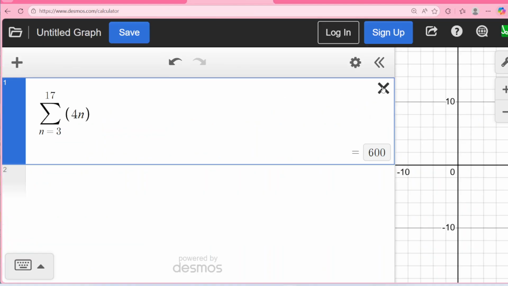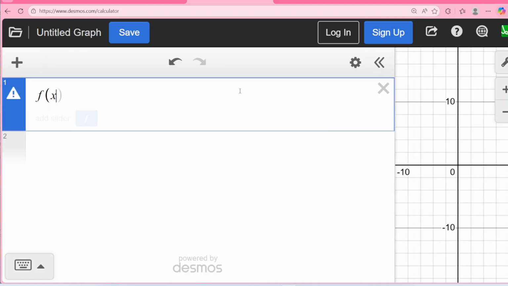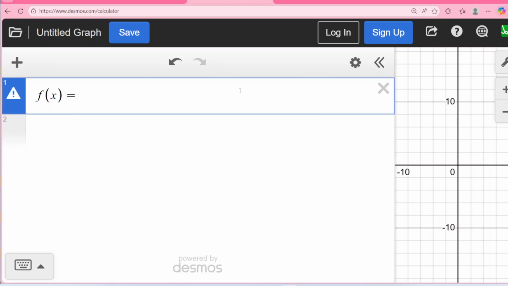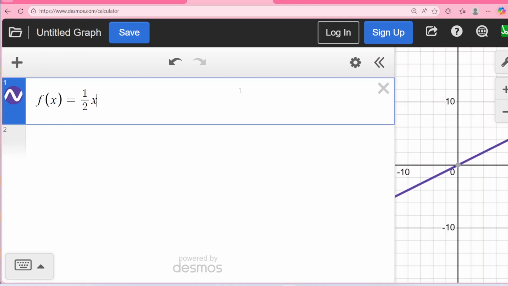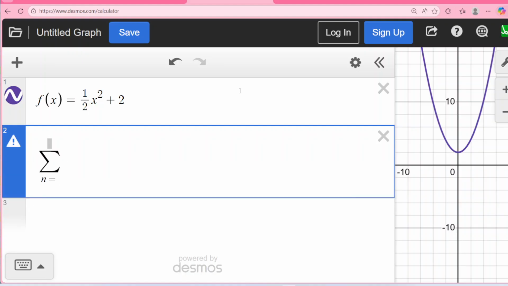So our function was, I'll call it f of x like they did, half x squared plus 2. And then we're adding up. Now every single one of these looks the same.